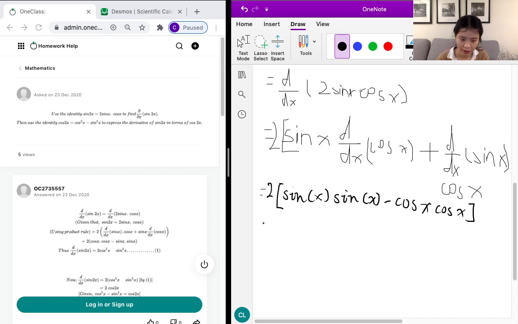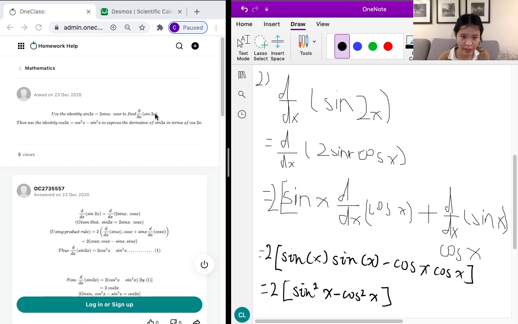All right. So in order to simplify this, we have 2 square brackets sin squared x minus cos squared x, and that is the derivative of sin 2x.